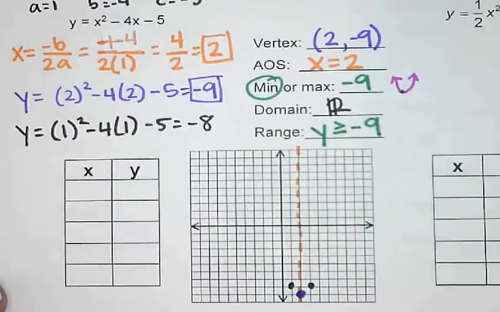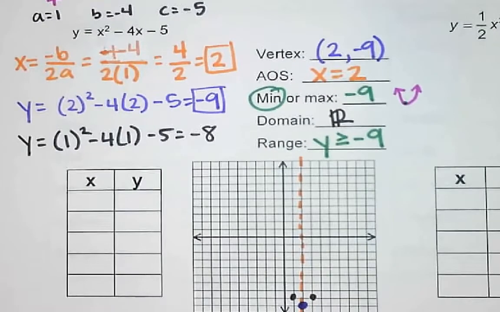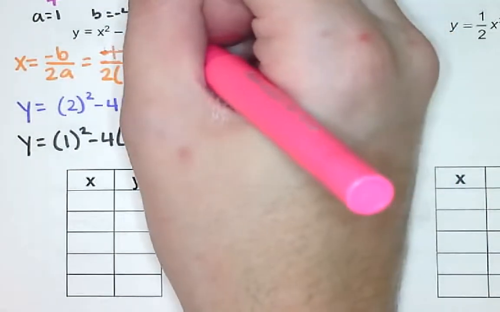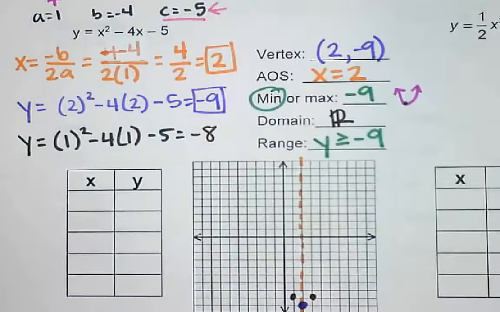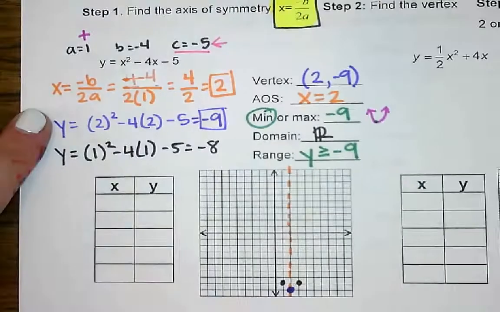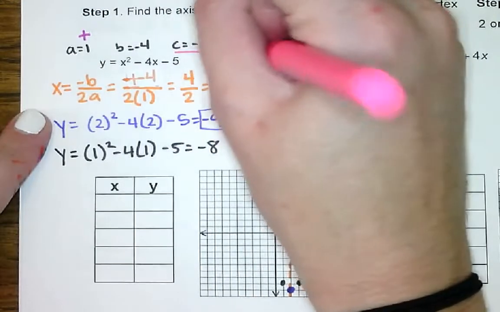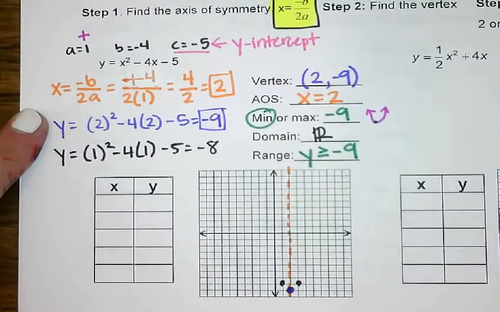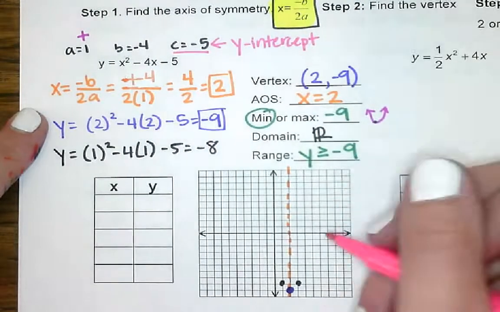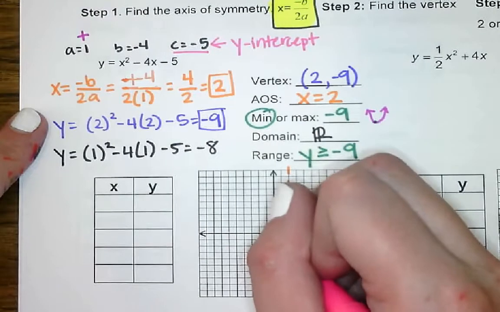And then another point that you can always find, I like this point, is your C. This C value up here, guys, is your y-intercept. So we can graph our C value of negative 5. 1, 2, 3, 4, 5.